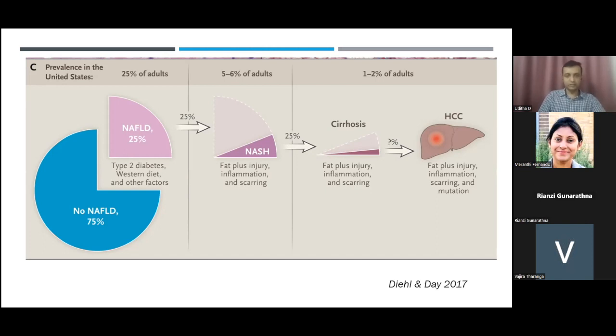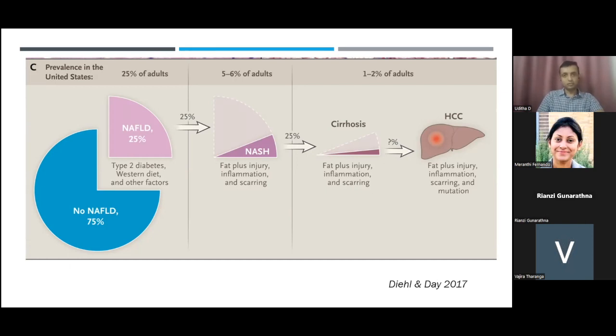That is about 5 to 6% of adults, and out of that population with NASH, about 25% will go into cirrhosis. So they are hypothesizing that about 1 to 2% of adults in the United States will have cirrhosis or cirrhosis-related complications, especially hepatocellular carcinoma, in the future.